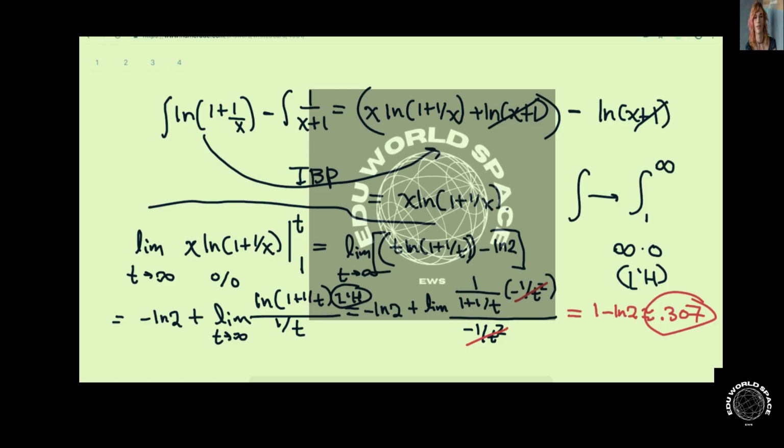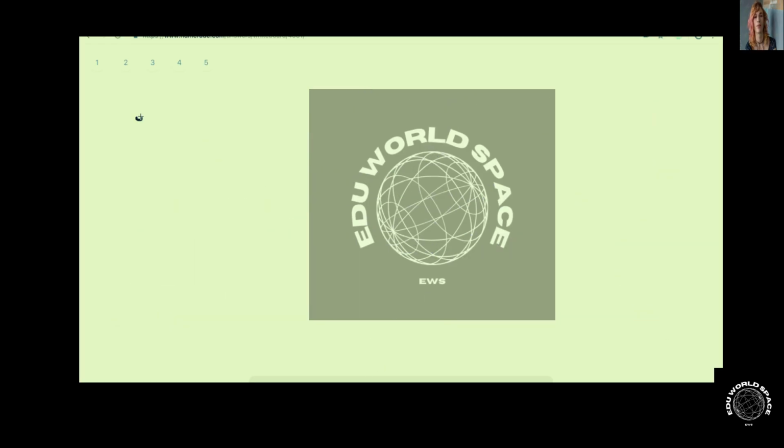So going on to the next page, we conclude the difference in areas as n goes to infinity is positive.